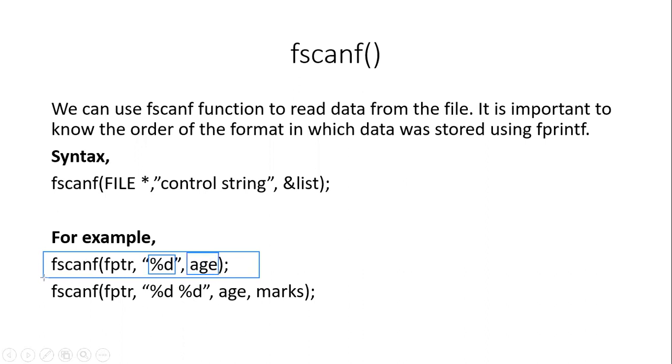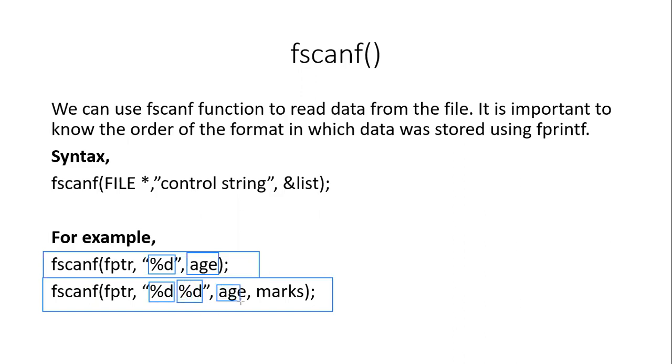Similarly, we can also use fscanf to read the value of two variables. So the first value, obviously the value written inside the file must be separated by a comma or it must be separated by a blank space. So it will read two values. The first value will be of integer type and the second value will be of integer type as well.